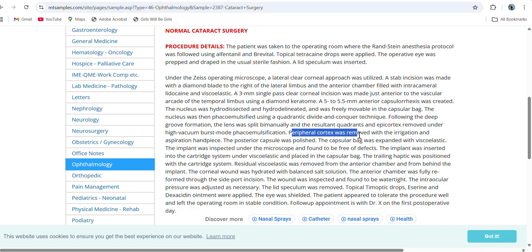You can see the cortex was removed. After cortex removal, the capsular bag was expanded, and IOL implantation was done. There is no complication, and the posterior capsule remained intact. So, this is a simple cataract.